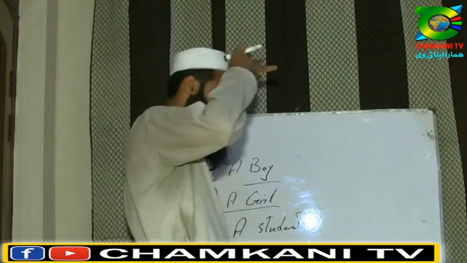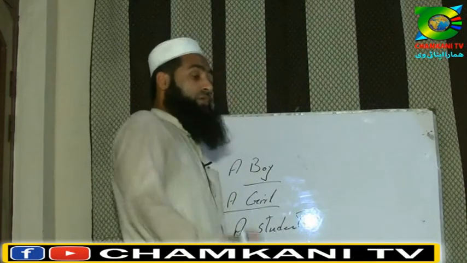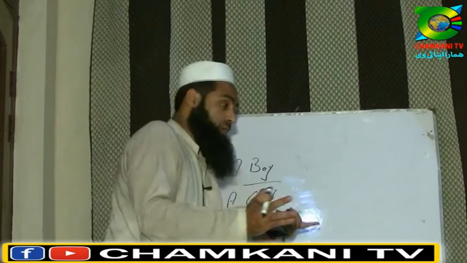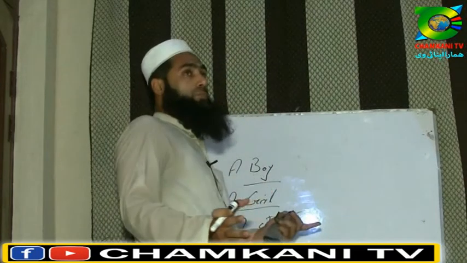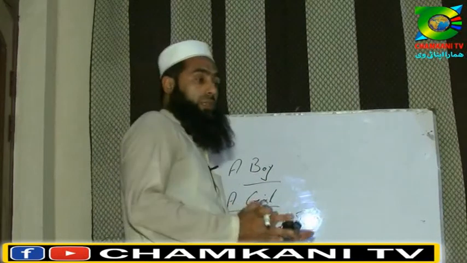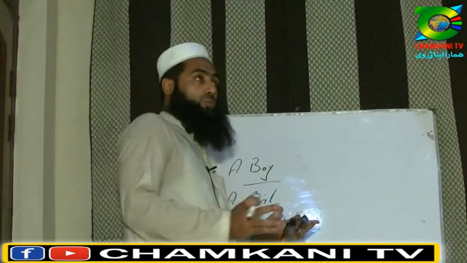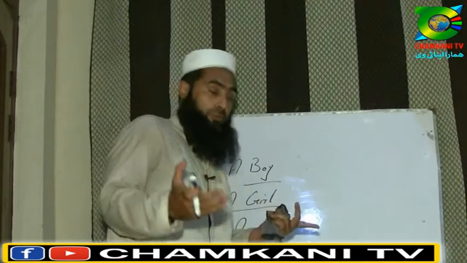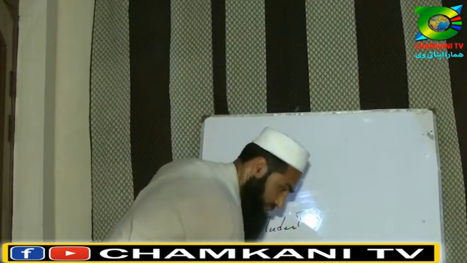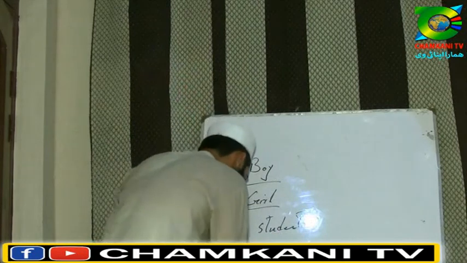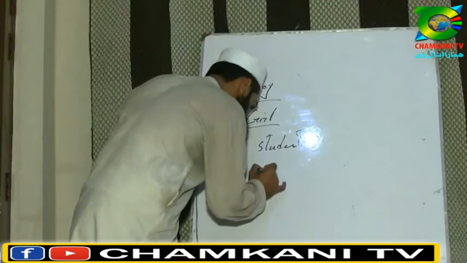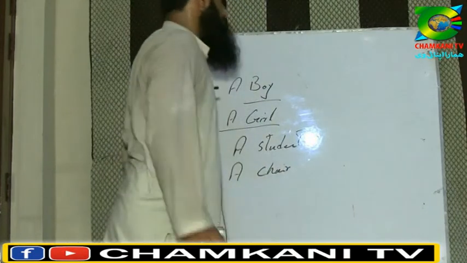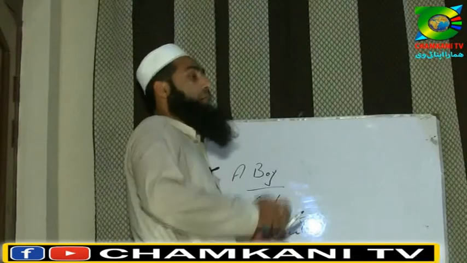Same like if we have something for sitting, for example, a group of things, here we have a group of entities which are used to sit on, for example, this chair, right? So each and every entity can be called a chair, right? So this is called common noun.